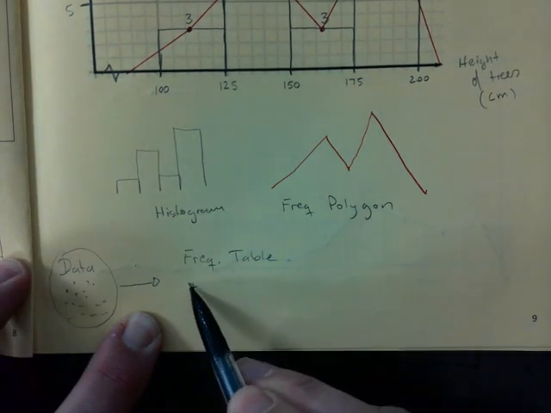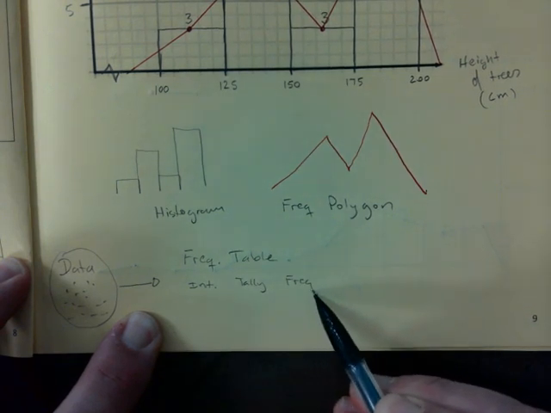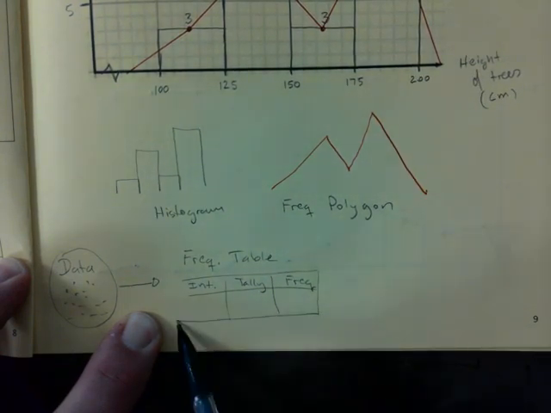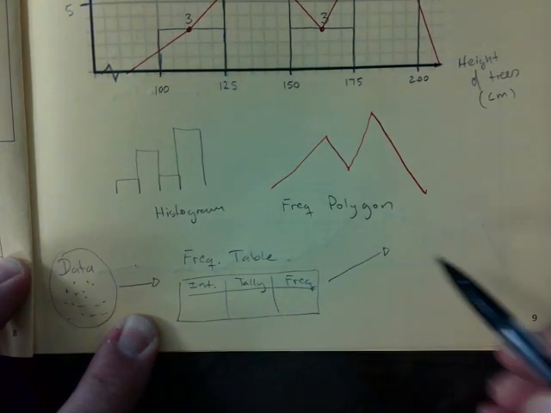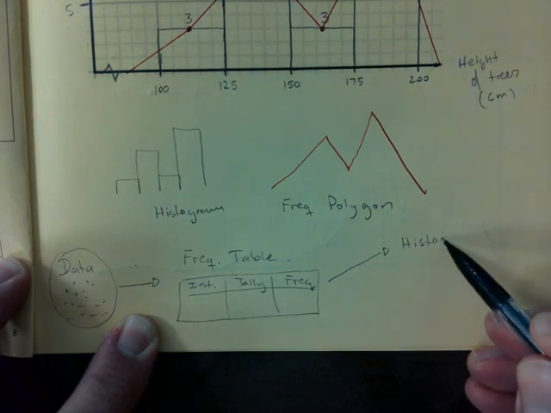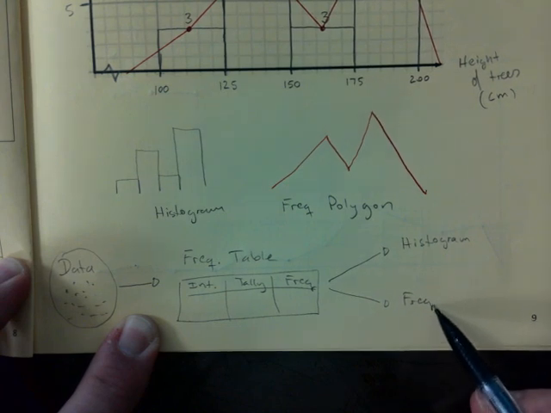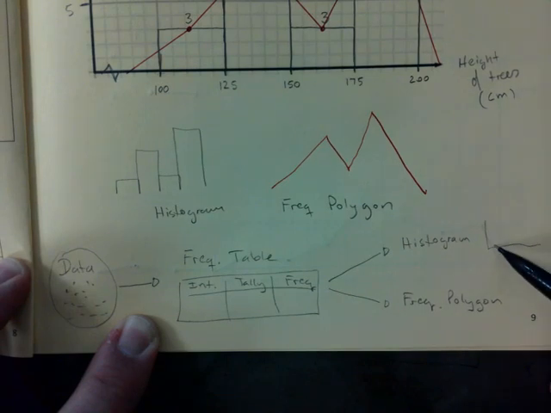We organize it, right? There's an interval, there's a tally, and then we actually figure out the frequency. So we take data, we turn it into a table, and then we can either go histogram or we can go frequency polygon. A histogram looks like this. A frequency polygon is more like this. Okay.